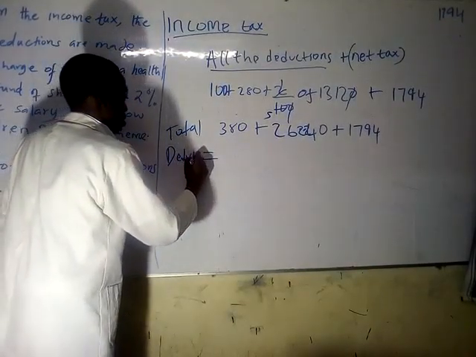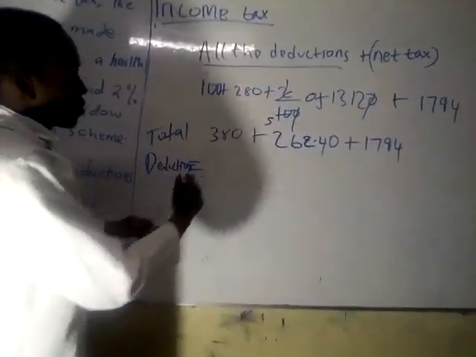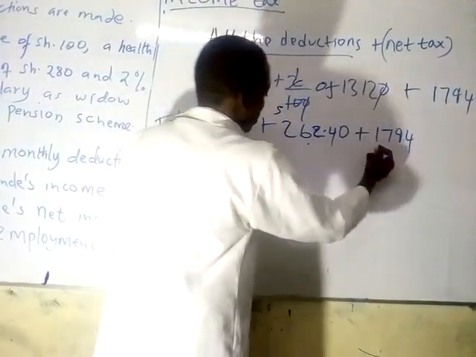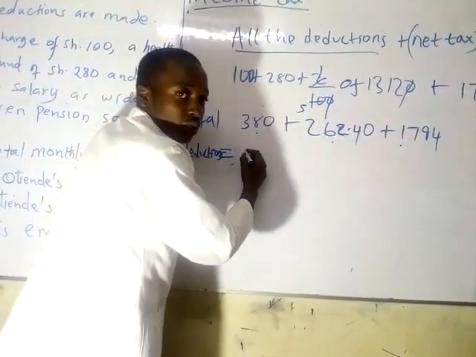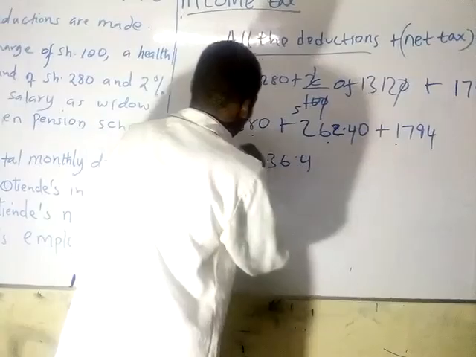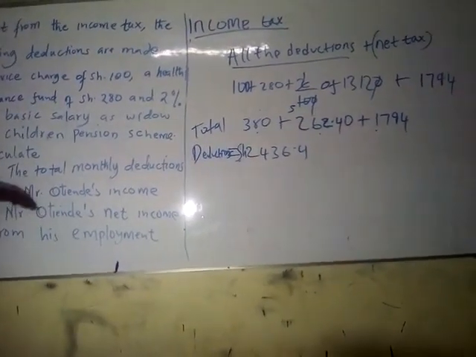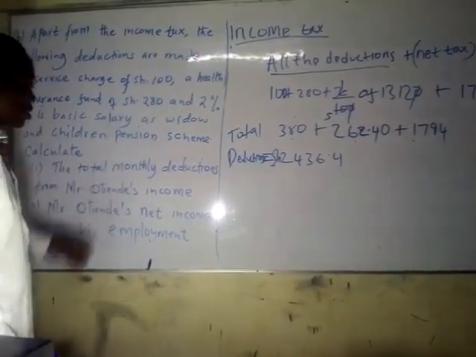Our total deduction will be this plus this plus this, which gives us 2,436.4. When you do that, you'll now be able to solve the first question, which is the total deductions.